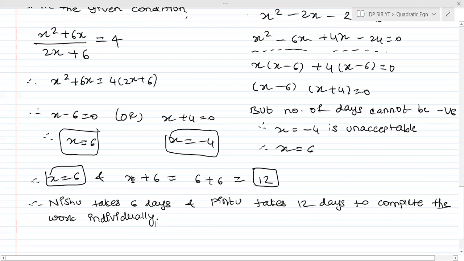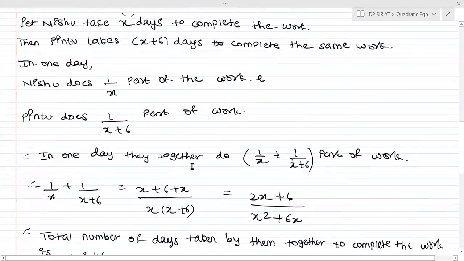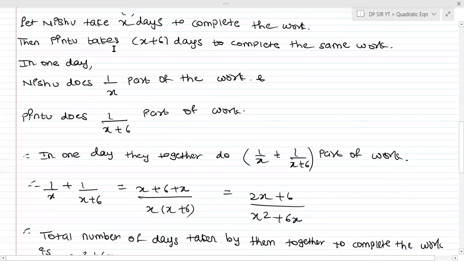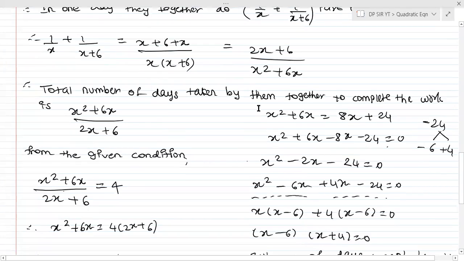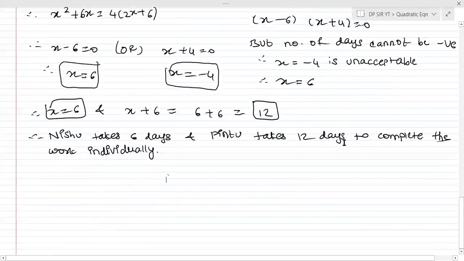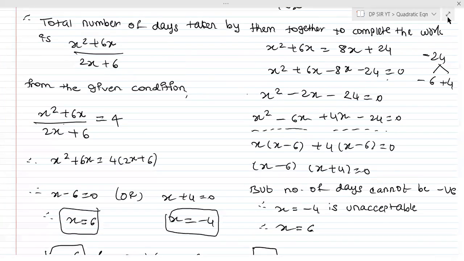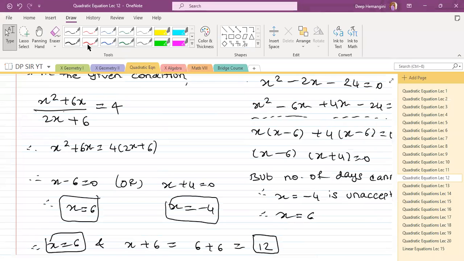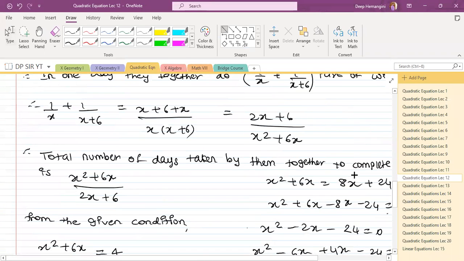See, we started this question from assuming the individual part as well as the group part. Then we came to a quadratic equation, we factorized it, then we got two values for x, but one was negative, and we know that number of days cannot be negative, so we just discarded that value.